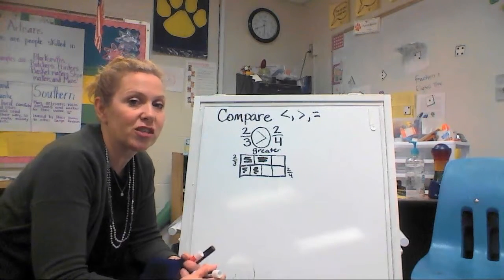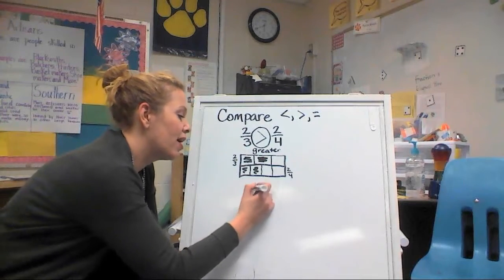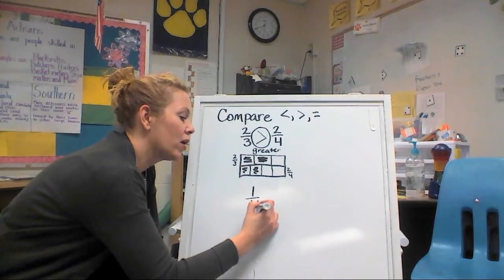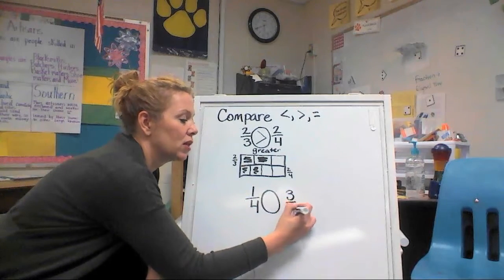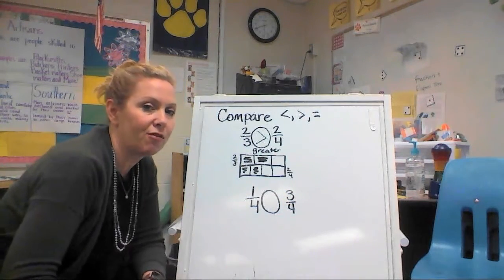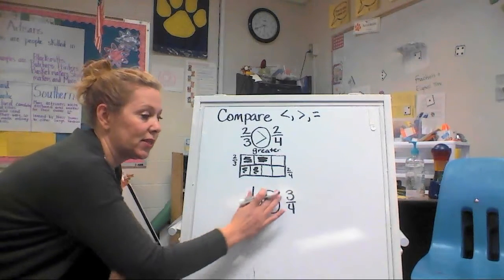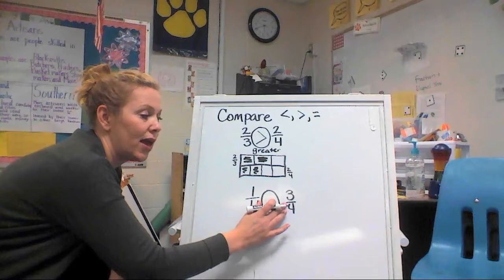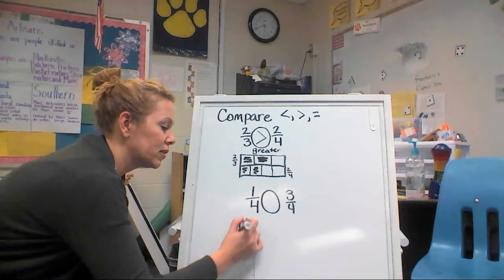Let's try fractions that have the same denominator. So if I was comparing 1/4 and 3/4, how might that be different? Well, I can see that my whole is the same for both, and that they are both divided into 4 equal parts.